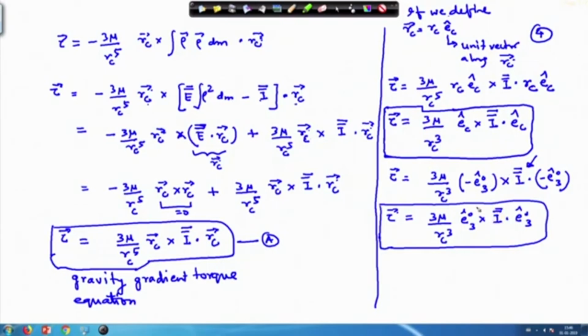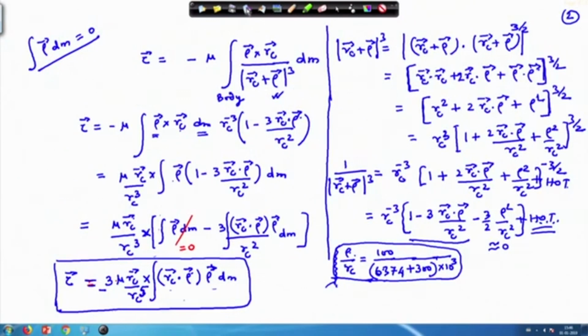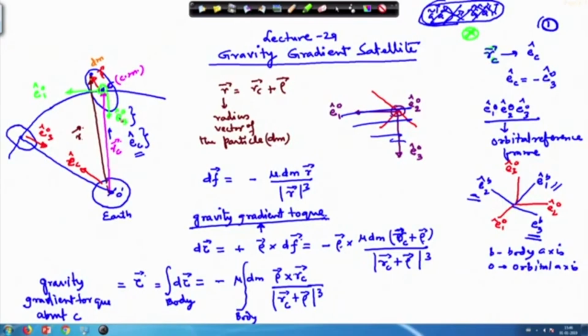So, it says that we can express everything in terms of this EO cap, or otherwise we can go very systematically using the matrix method and change from one reference frame to the other reference frame. Like first assuming that this R C is described in the inertial reference frame.